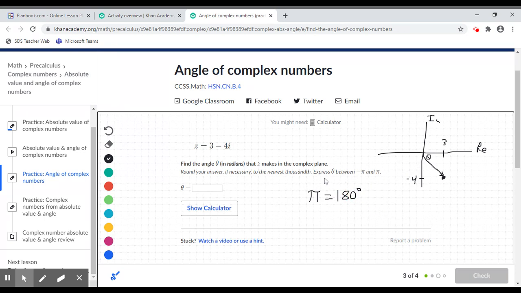So when they ask us to express the angle theta between negative pi and pi, what they're saying is in between negative 180 and 180. So that's the only way we can express these angles. This gets kind of tricky, and I'll explain why here in a second.